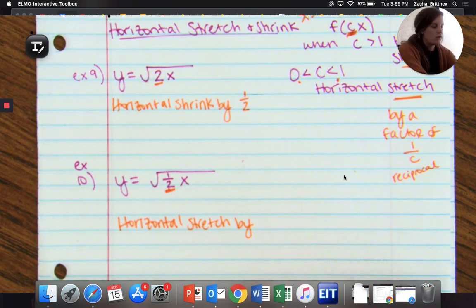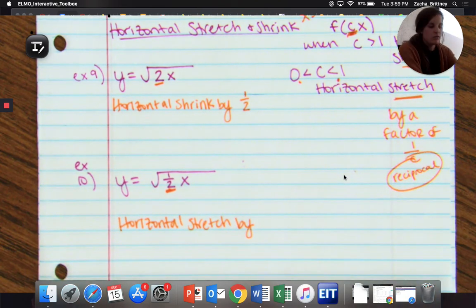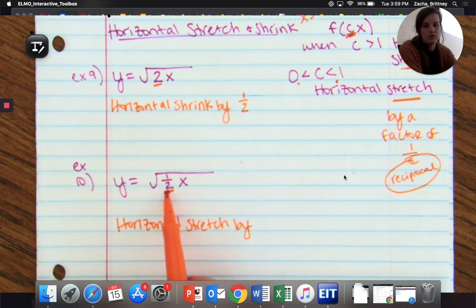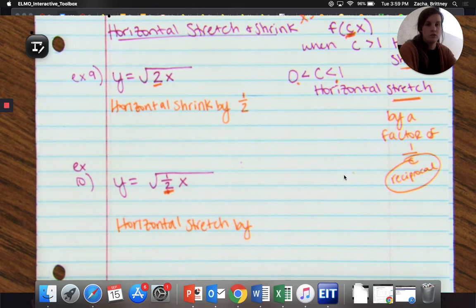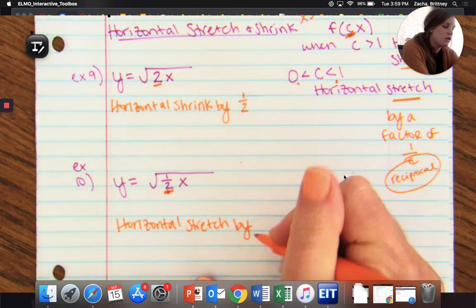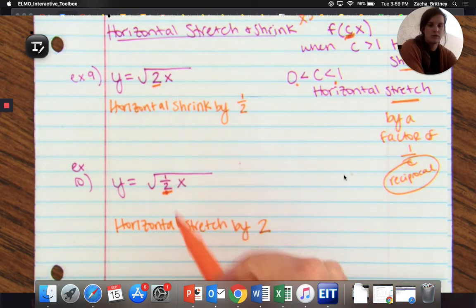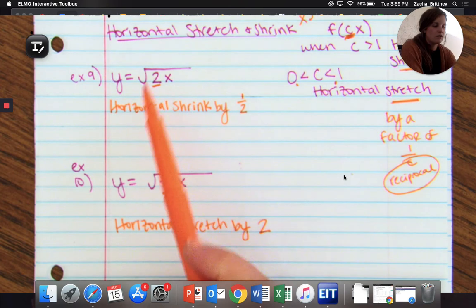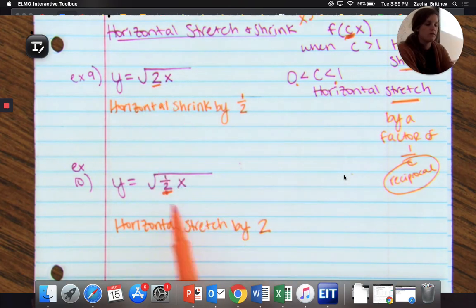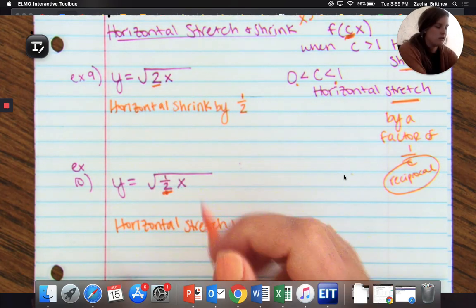Again, we need the reciprocal of whatever number is being multiplied to the x. So the reciprocal of 1/2, flip that fraction, would be 2 over 1, and we can just write that as 2. I just wanted y'all to see the difference between these two. This one's actually a horizontal shrink by 1/2, and this one's a horizontal stretch by 2.